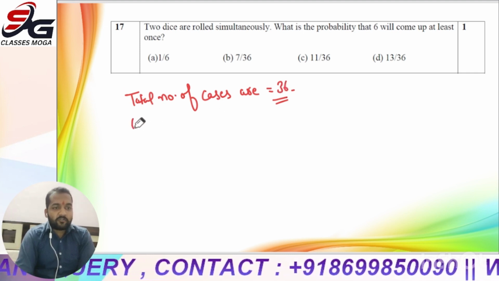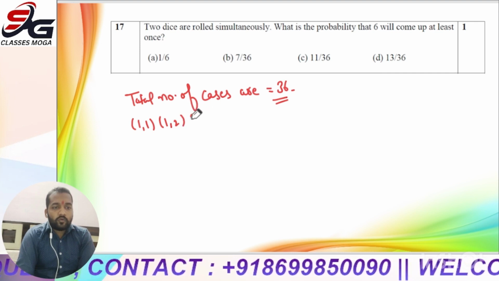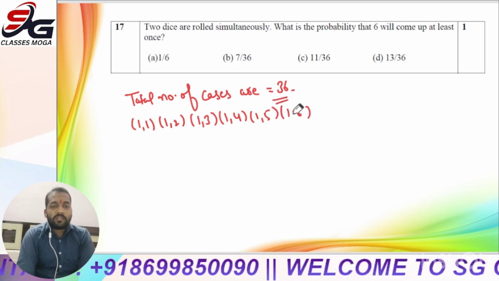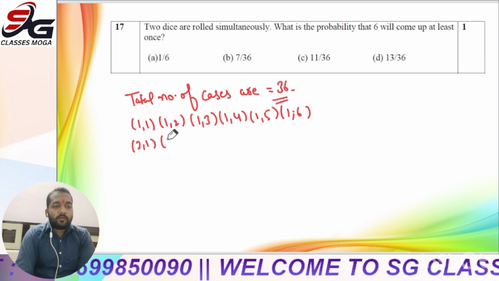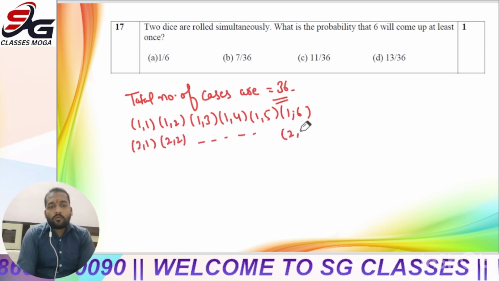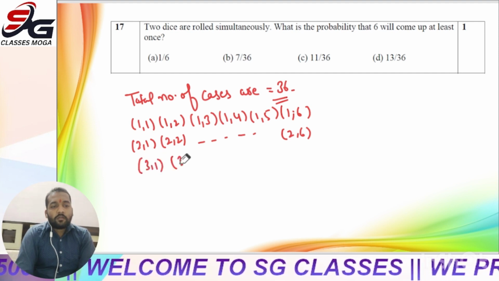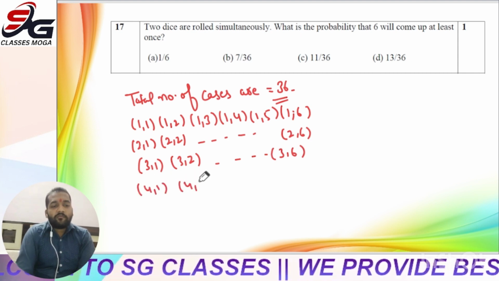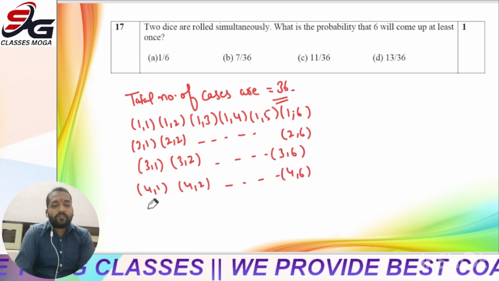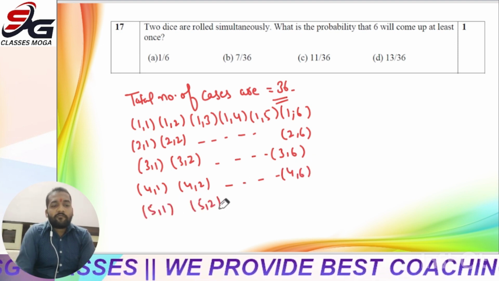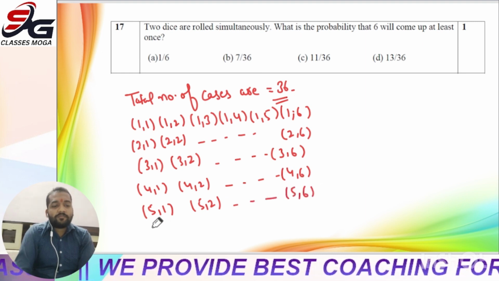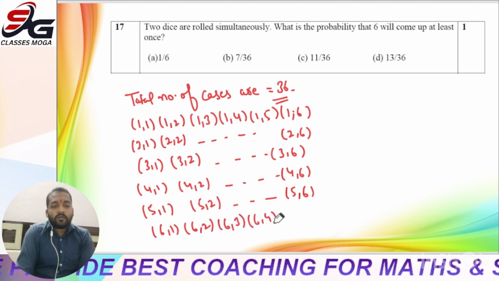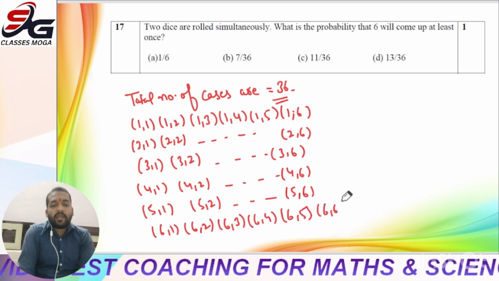Let us write: first of all, 1 1, 1 2, 1 3, 1 4, 1 5, 1 6. Similarly, 2 1, 2 2, so on, 2 6, 3 1, 3 2, so on, 3 6, then 4 1, 4 2, so on, 4 6, then 5 1, 5 2, so on, 5 6, then 6 1, 6 2, 6 3, 6 4, 6 5, and 6 6.